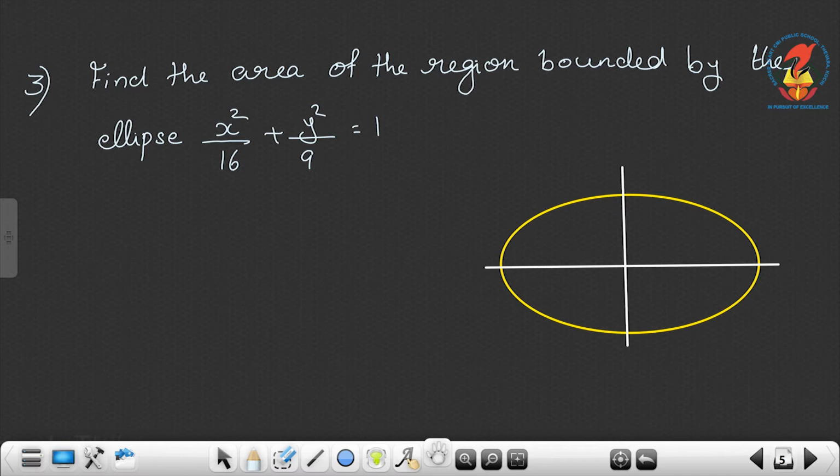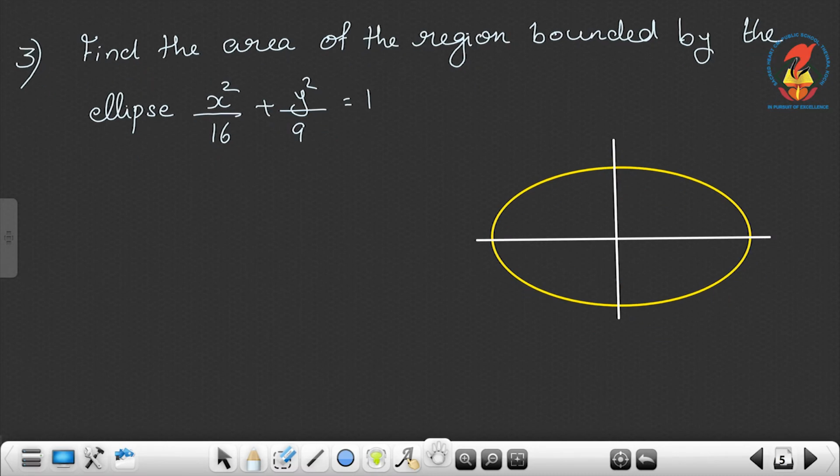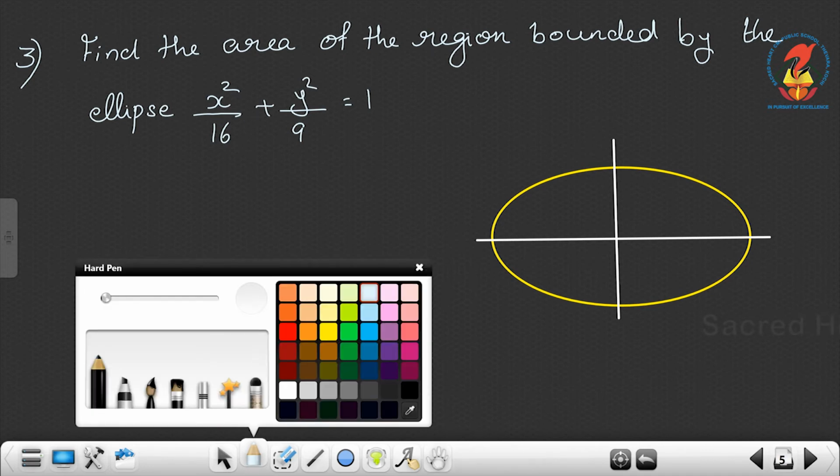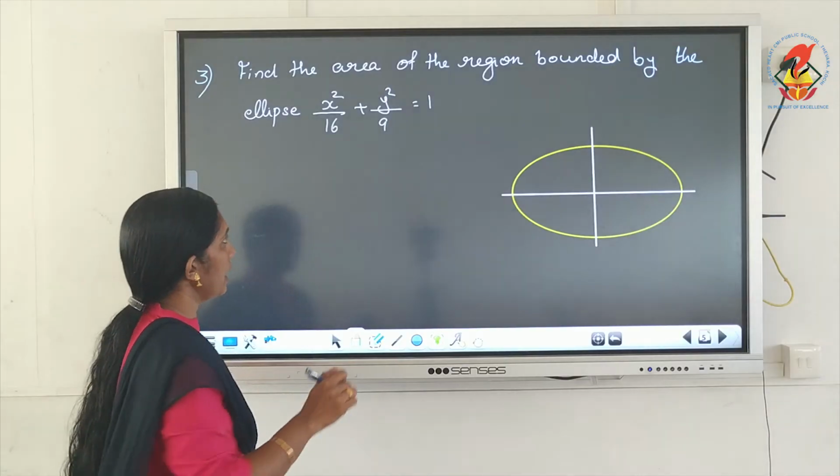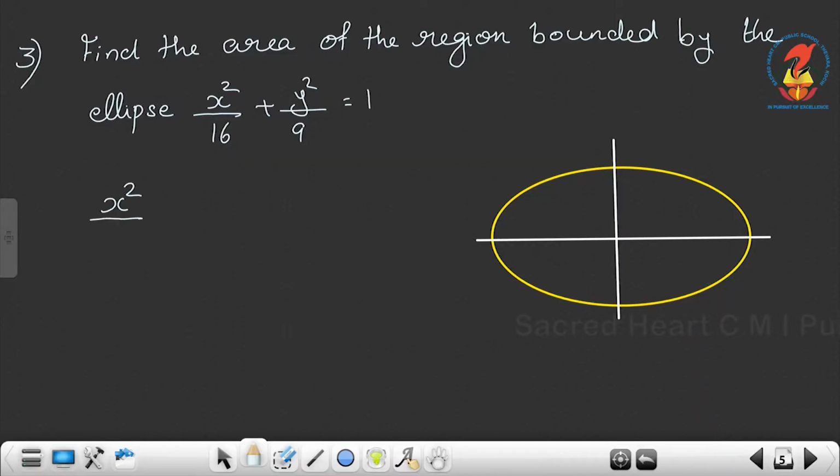Now the next one, third one. Find the area of the region bounded by the ellipse. What is the standard equation of ellipse? Last year we have studied x square by a square plus y square by b square equal to 1. This is the standard equation of ellipse where the major axis is along x axis.